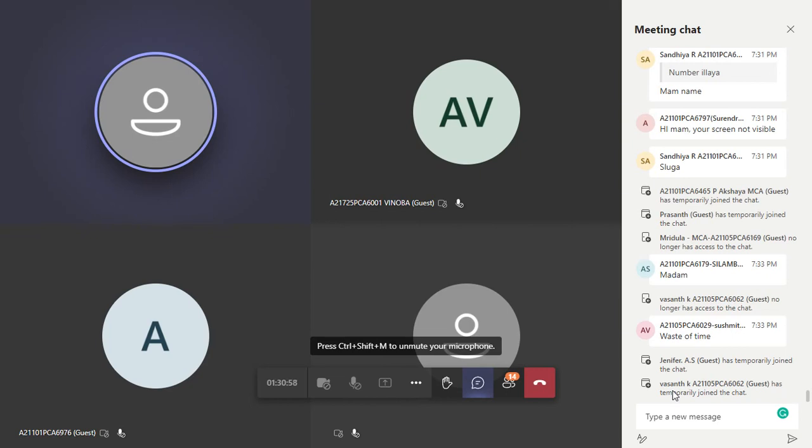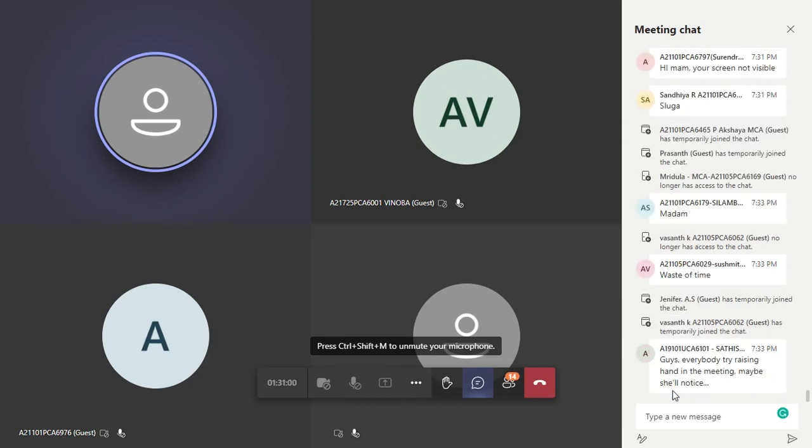For example, A1, A2, A3, A4. Here the four disks are there.